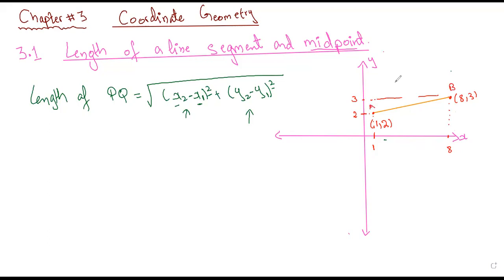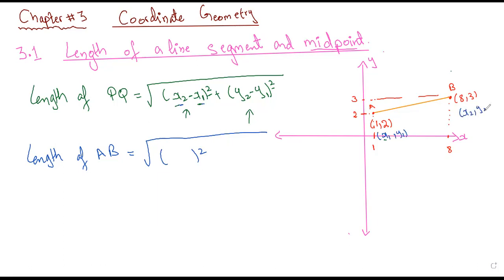So how do we find the length? Using the formula. Again, we will write it as length of AB is basically under root. You can choose any point as first point and any point as second point, right? Don't get confused by this 2 and 1. So all I have to do is square the x terms. So let's say that I call this as x1 and y1 and this point as x2 and y2.